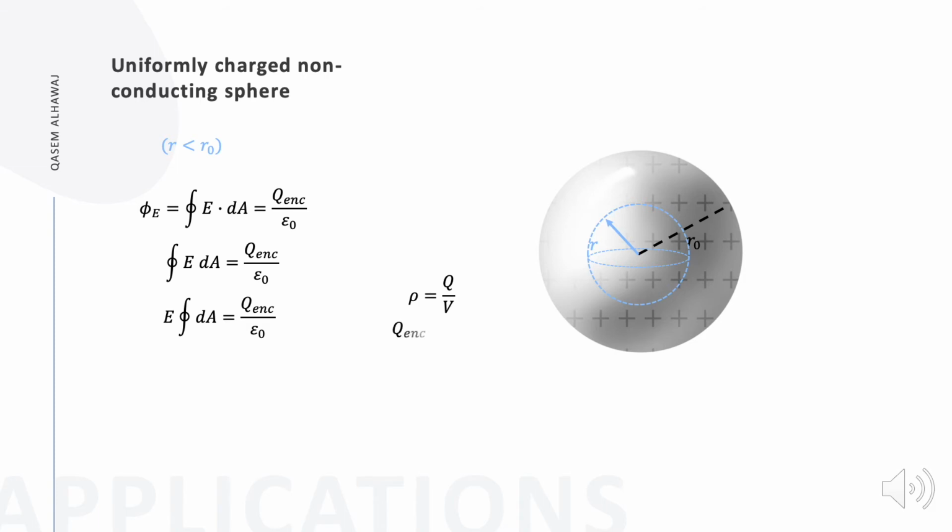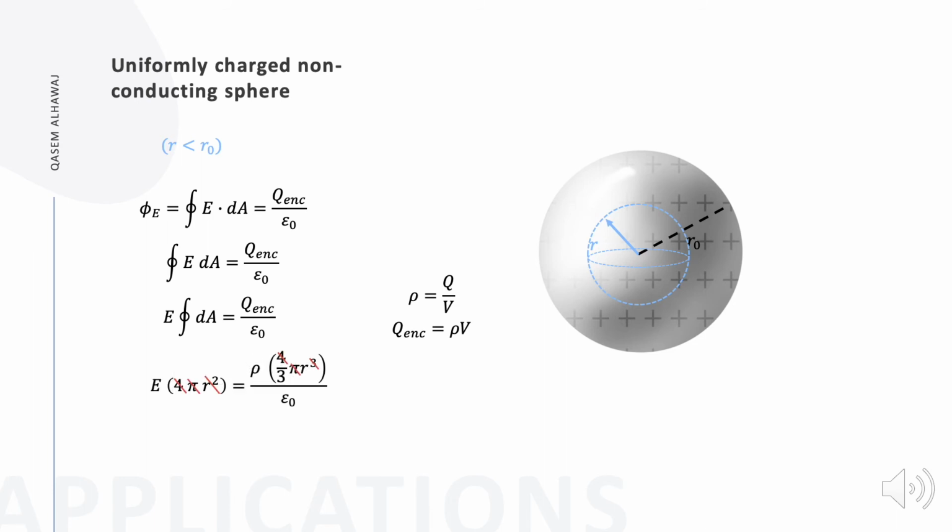Thus, the charge enclosed by the Gaussian surface would equal the volume times the density, and the volume of the Gaussian surface is simply the volume of a sphere. Then, the equation would be as shown. Now we can simply add the integral of the surface element to be equal to just the area of the sphere.